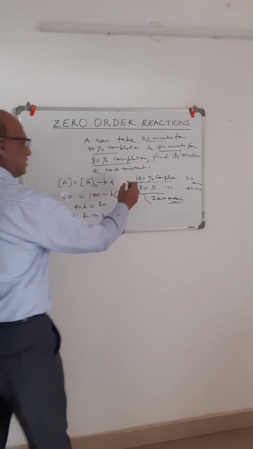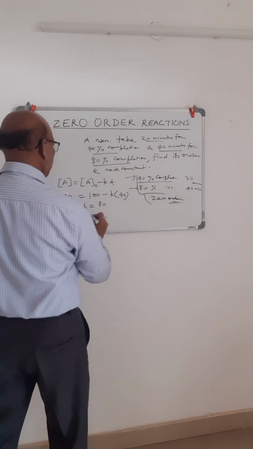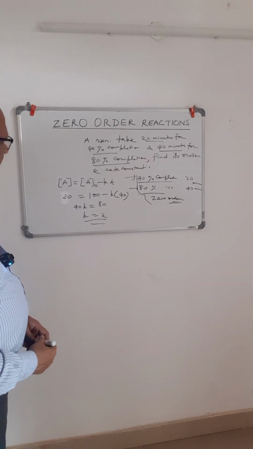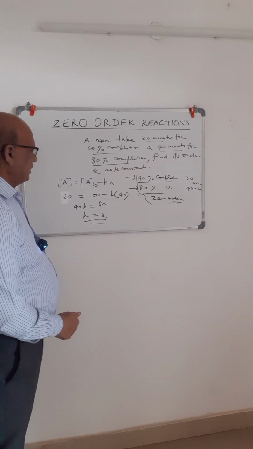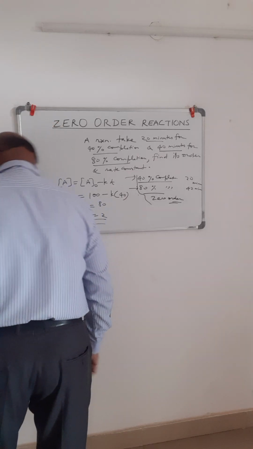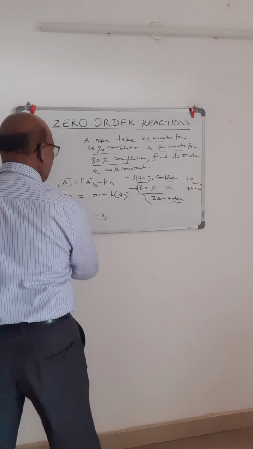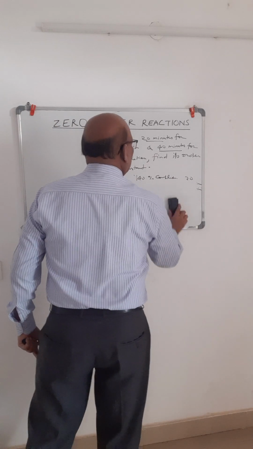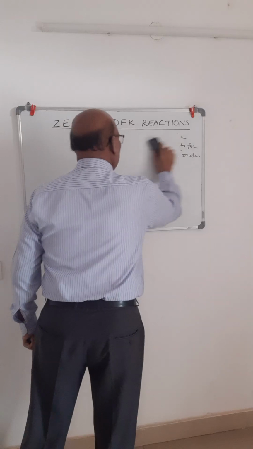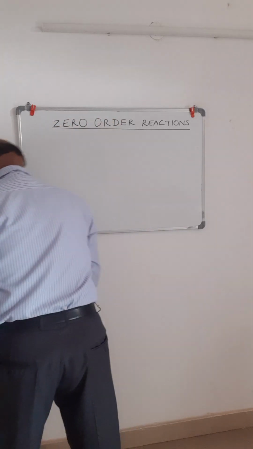So by both these data we have found the value of k and it is found to be same, which confirms that this is a zero order reaction and its rate constant is 2. So that is how we can find out by applying the unitary method, which can be easily applied for zero order reaction.